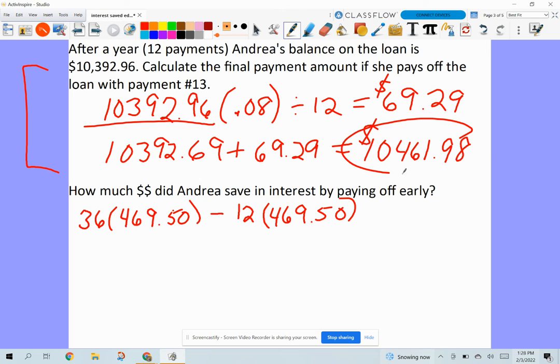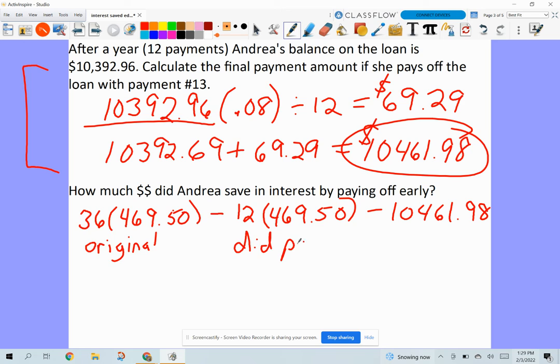And then she made this big payment up here. This was the original loan. This is what she did pay. And this is that final payment.